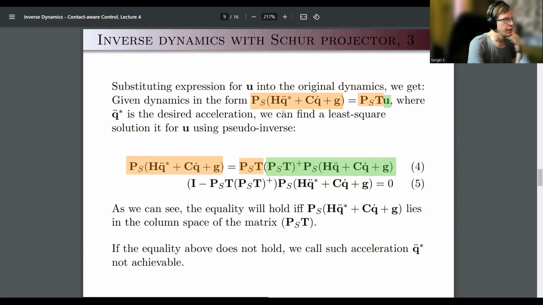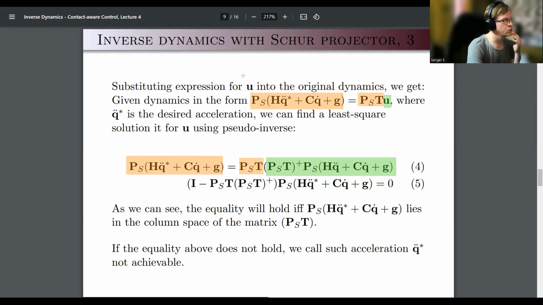This has to be an equality. If this is a strict equality, then we found the solution. If this equality doesn't hold, then what we found was a solution with a residual, and this is not what we want.